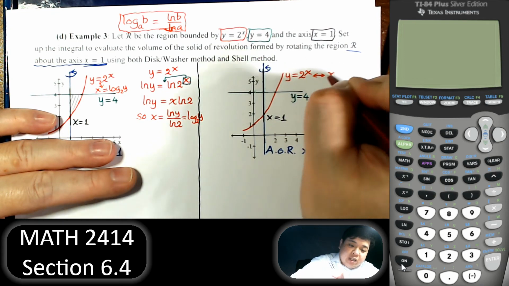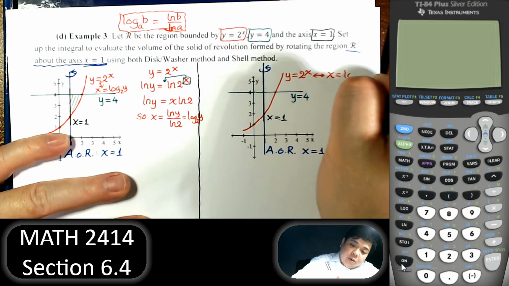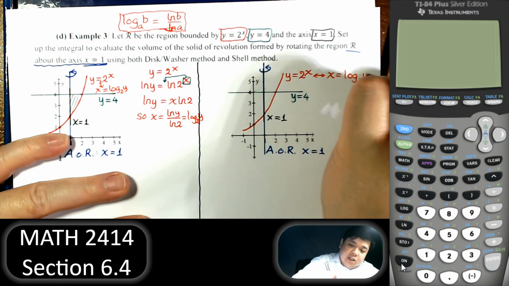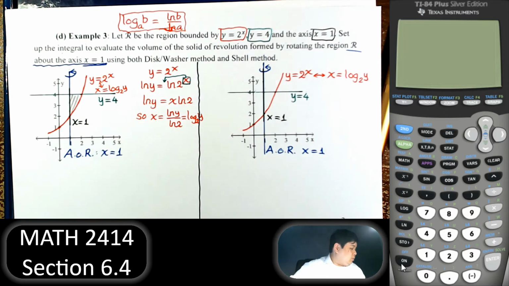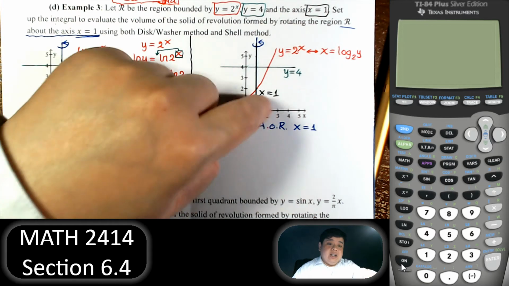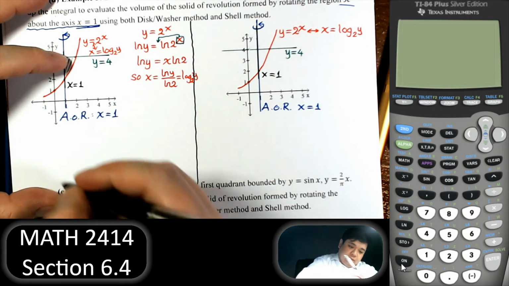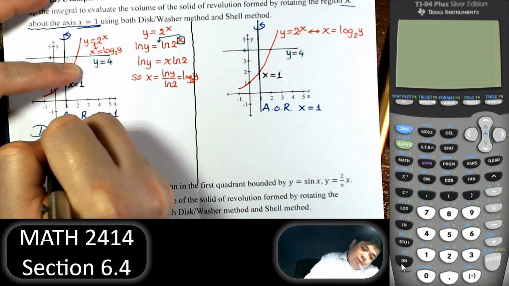But if we use x, we're going to use 2 to the x. If we want to use y, it's going to be log base 2 of y. So it can be either way. Right, now let's use the washer method on this side and the shell method on the other side.